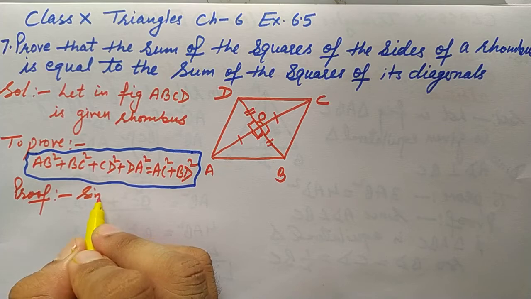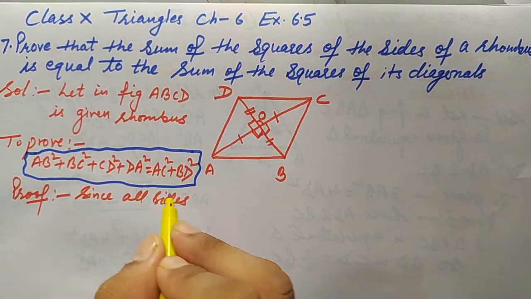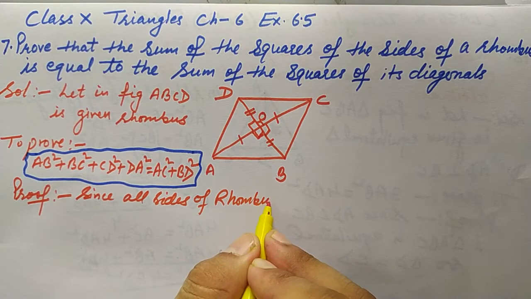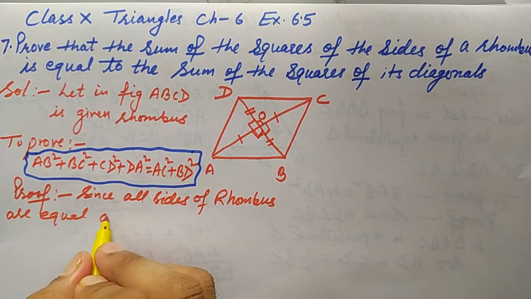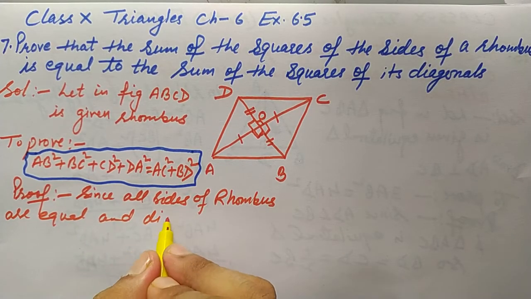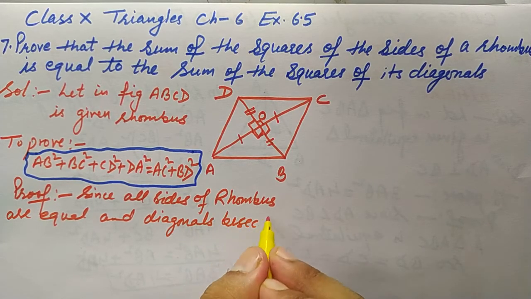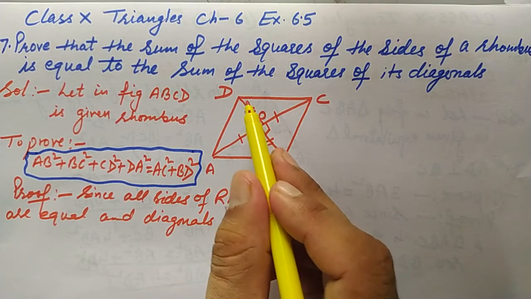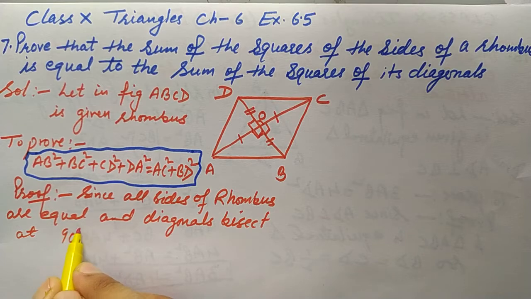Since all sides of a rhombus are equal and diagonals bisect at right angles. Diagonals bisect means they cut at the midpoint. AO is equal to OC, BO is equal to OD. So diagonals bisect at 90 degrees.